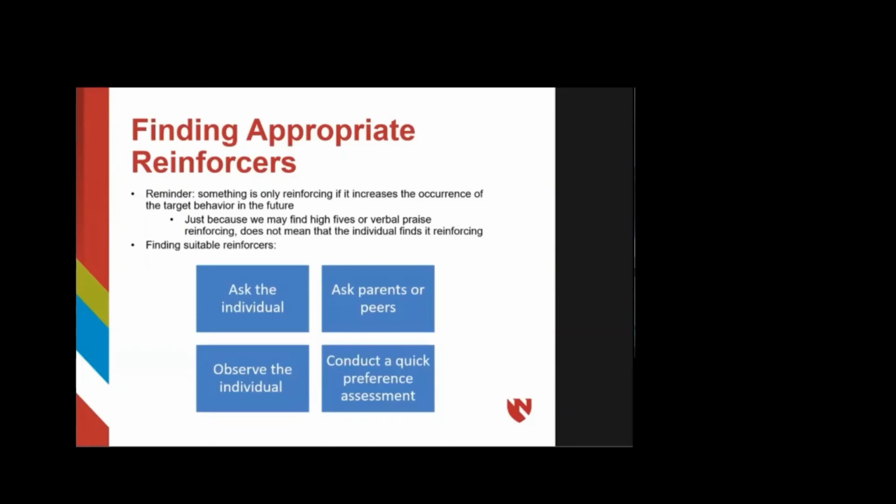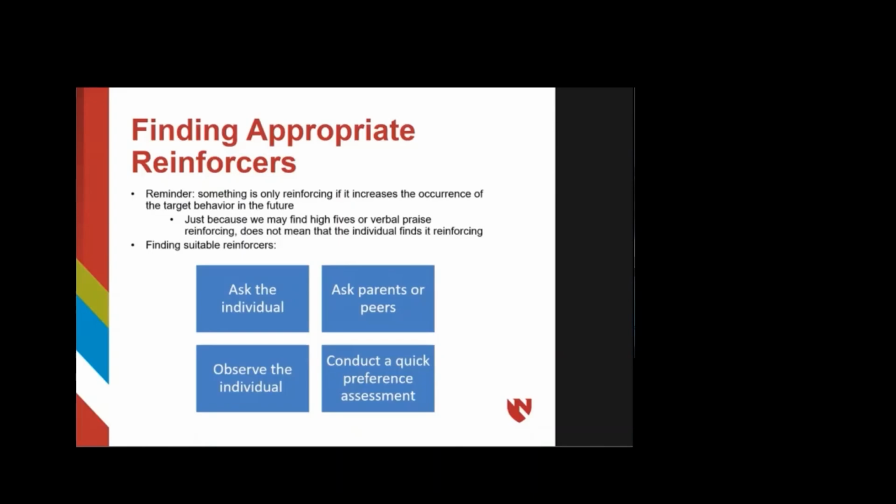Something is only reinforcing if it increases the occurrence of the target behavior in the future. So for example, if a learner does not like to be physically touched and he is hugged after a social interaction, he may be less likely to initiate an interaction with that person again, or maybe even initiate an interaction with people that were nearby him again.